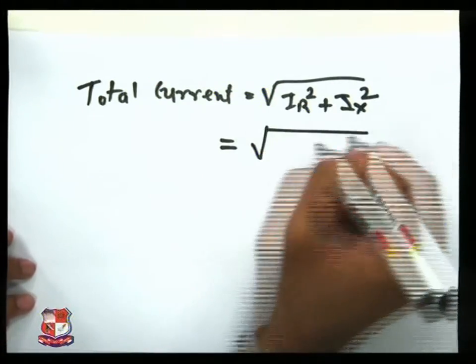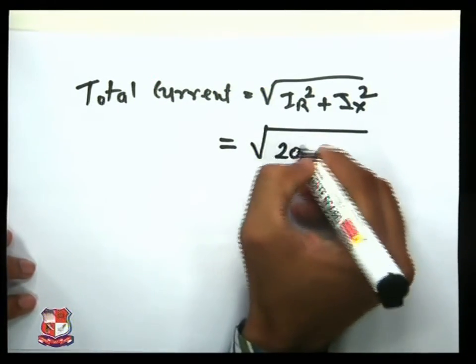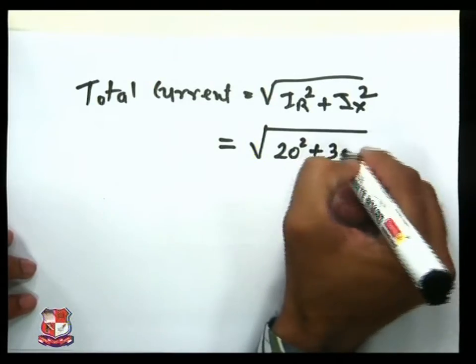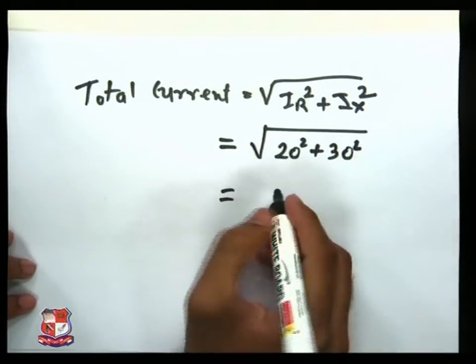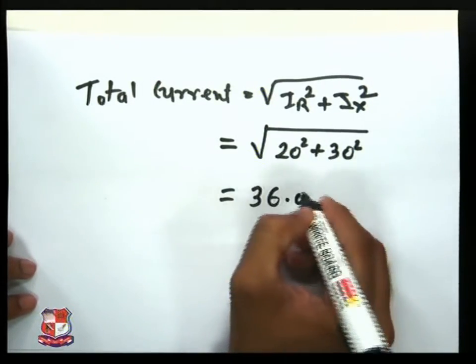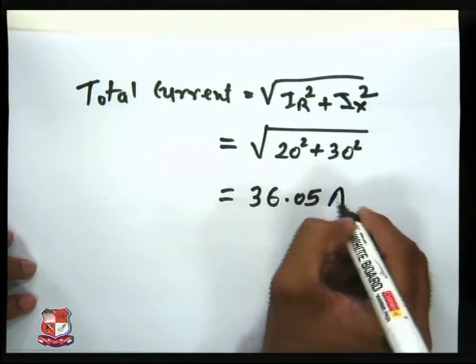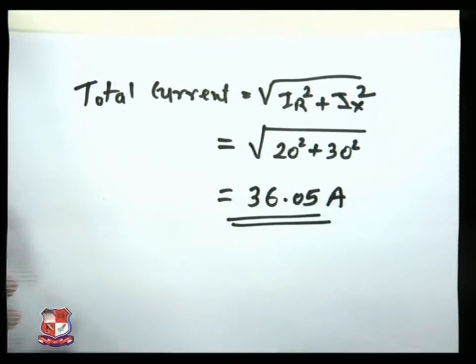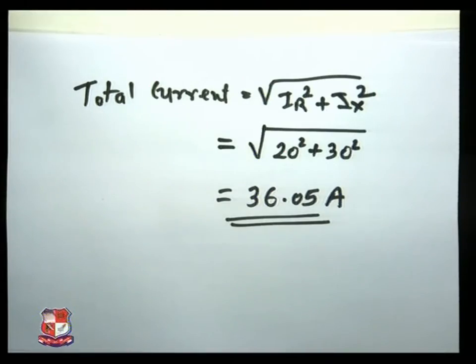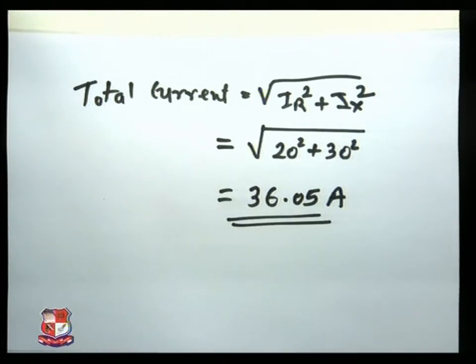So the value of IR is 20, square plus 30 square. By solving this we get 36.05 ampere. So with this question we have completed our paper of January 2012.